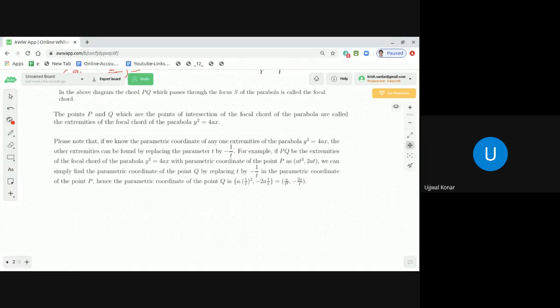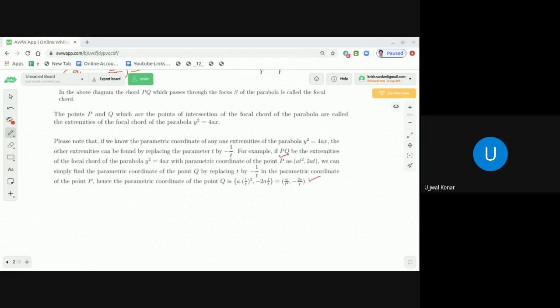As I explained a few minutes back, if P and Q are the extremities of the focal chord of the parabola y square equal to 4ax, with parametric coordinate of the point P as at square comma 2at, we can simply find the parametric coordinate of the point Q by replacing t by minus 1 by t. Hence, the parametric coordinate of the point Q becomes a by t square, minus 2a by t. Correct, dear students?